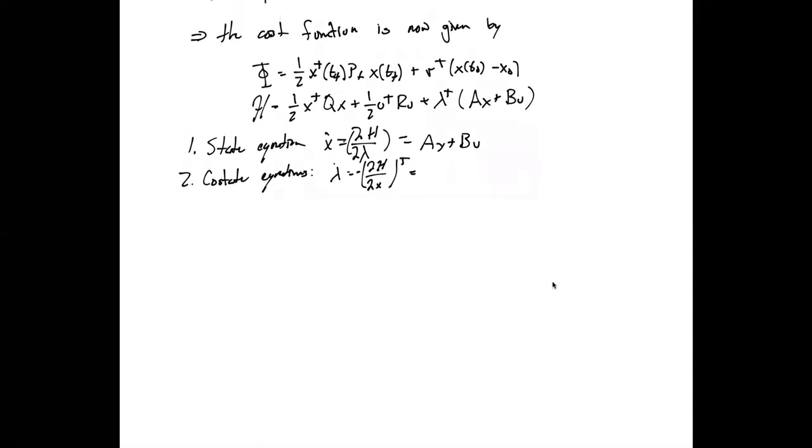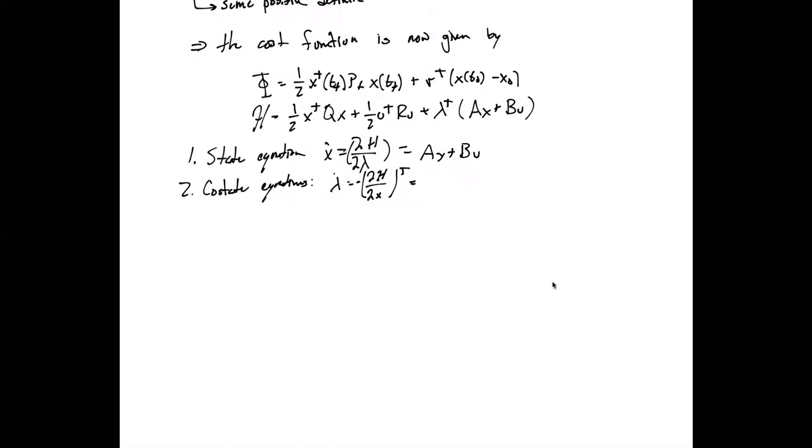All right, the next one is we're going to look at the costate equations. That's our lambda dot. And this will be equal to minus the partial of H with respect to x, transposed. If we come back up here and look at the partial derivatives of x, we've got x in two places, in the first component and the last component, right?